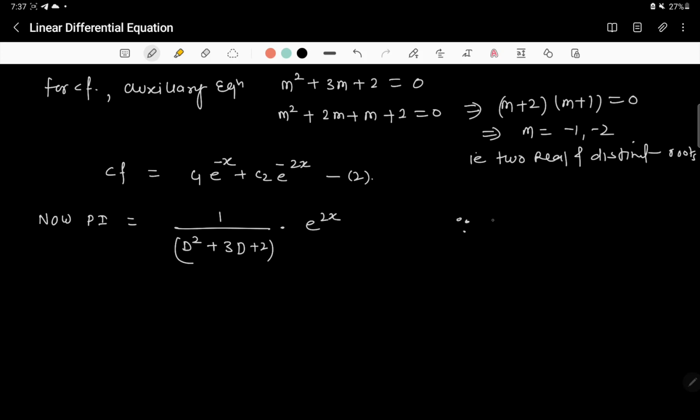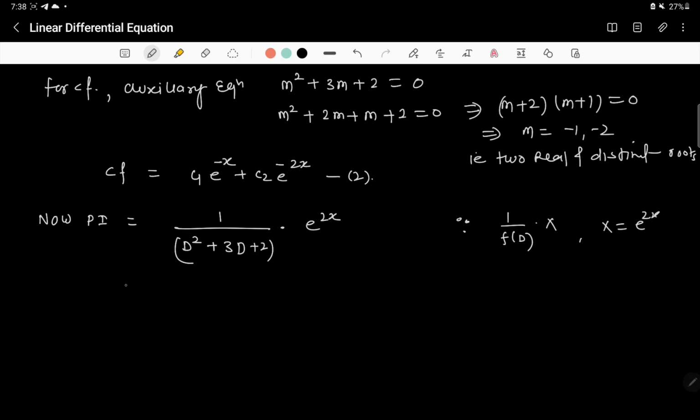Just recall, when you find PI, we write the function like 1 upon f of D into exponential ax. Here a is equal to 2 in our case, since we have exponential 2x.